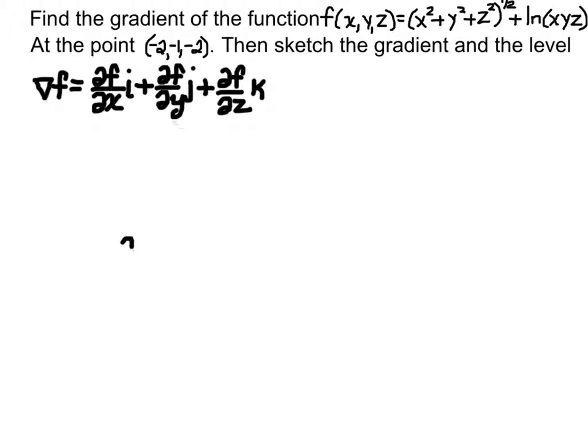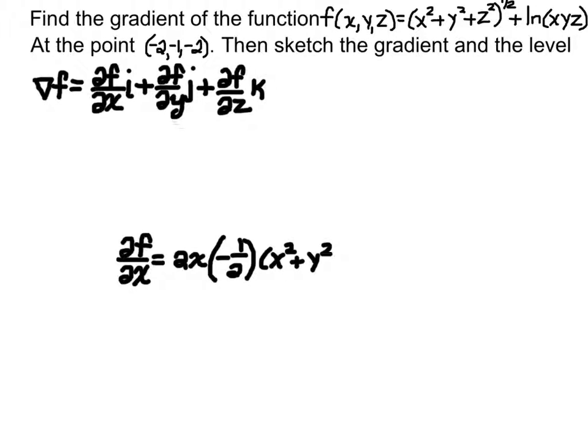So let's find the partial derivative of f with respect to x. And we get 2x times negative 1/2 times (x squared plus y squared plus z squared), all raised to the 1/2 minus 1, which is negative 3/2.